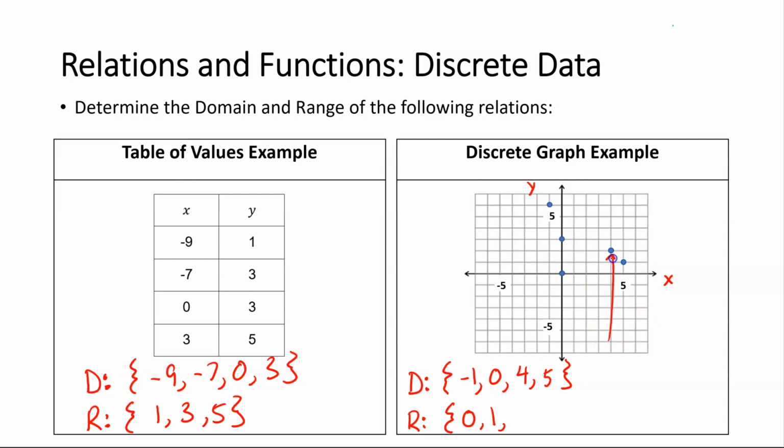Going up again, the next one has a y value of 2. We go up again, we have a y value of 3. And then going up to the last point, we have a y value of 6. So that would be your domain and range for that example with graphing.